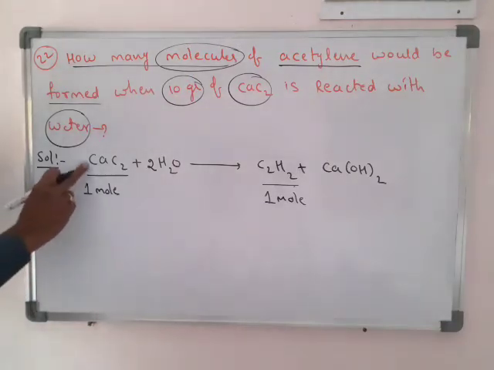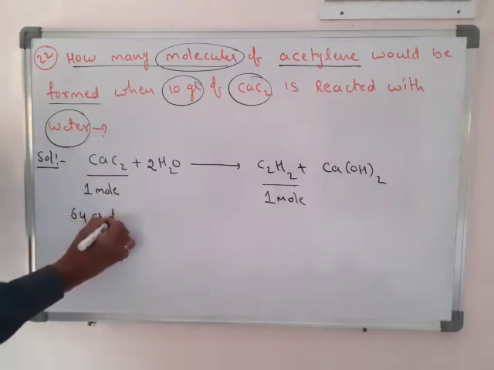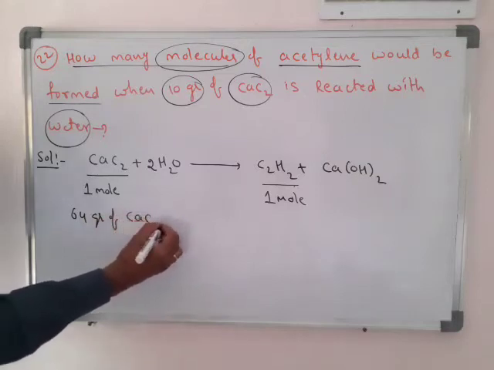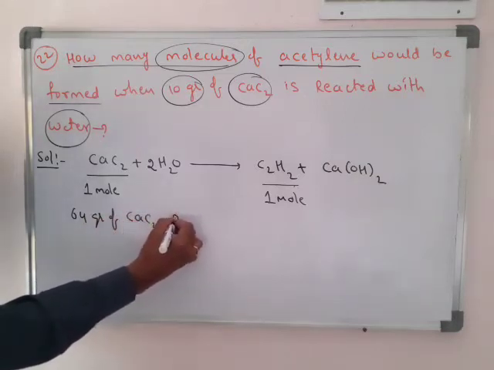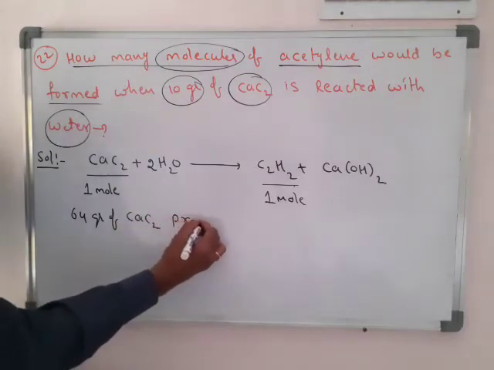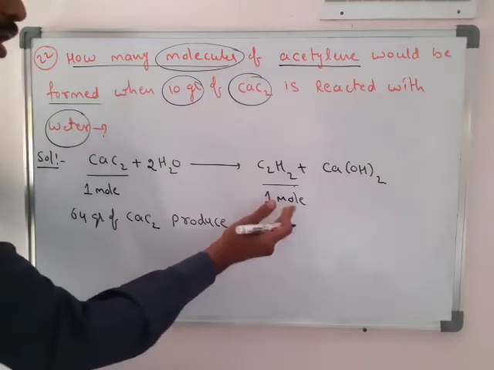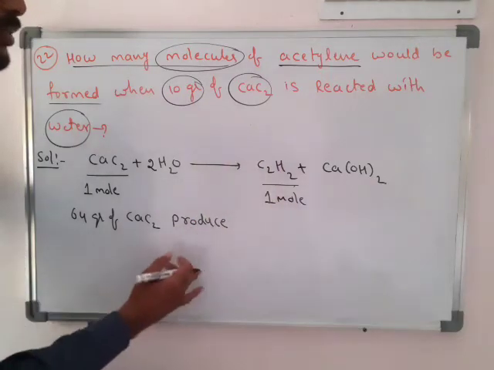Calcium 40, and 2 carbons, 24, means 64 grams of calcium carbide produce how much acetylene? 1 mole. After the moles we convert it into molecules.